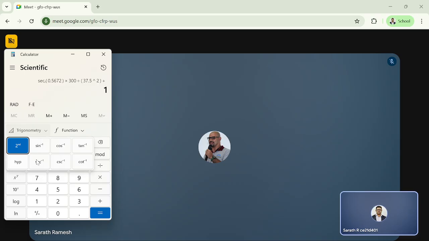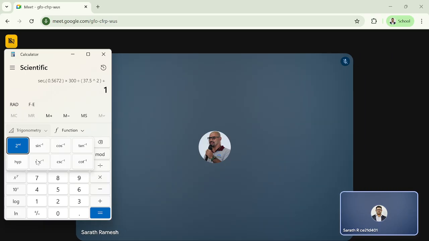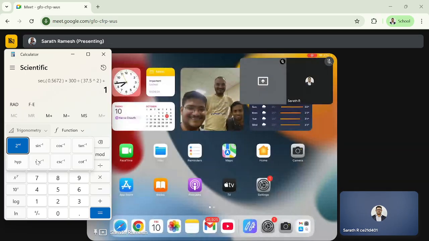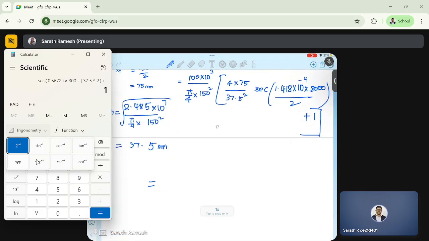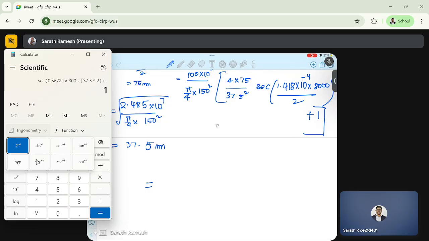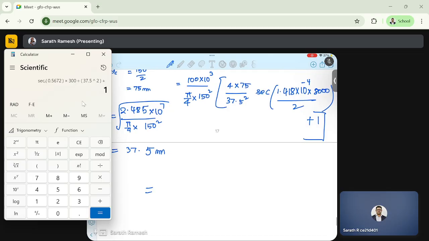Just a minute, screen sharing got stopped. Yeah, plus 1.